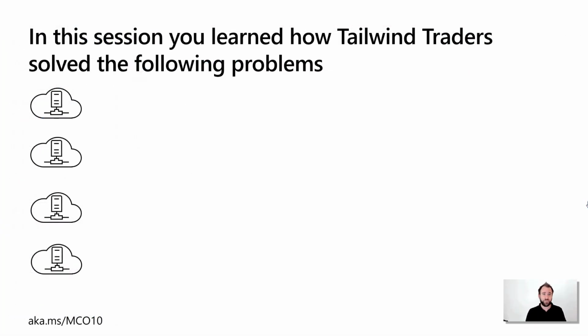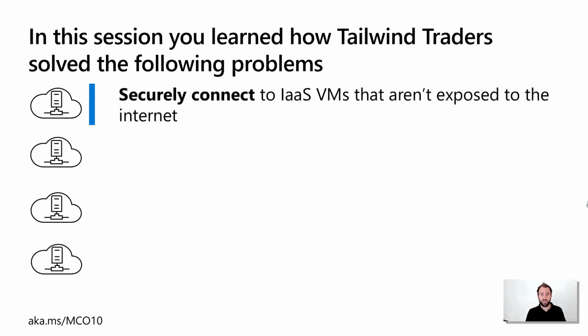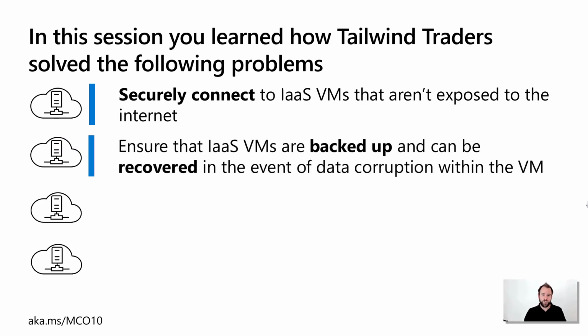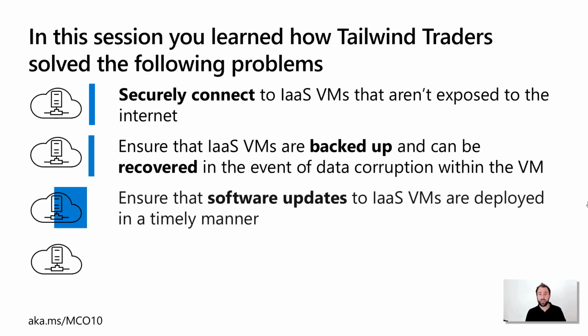So in this session, you have learned how Tailwind Traders solved the following problems. First of all, how we can securely connect to Azure IaaS VMs, so they're not directly exposed to the internet, and we can secure that connection. You also learned how you back up Azure IaaS VMs, including SQL Server running in an Azure IaaS VM, and how you can recover these.